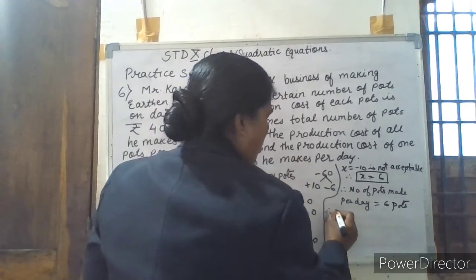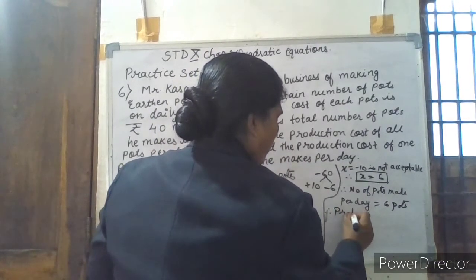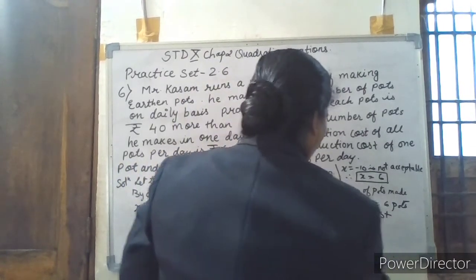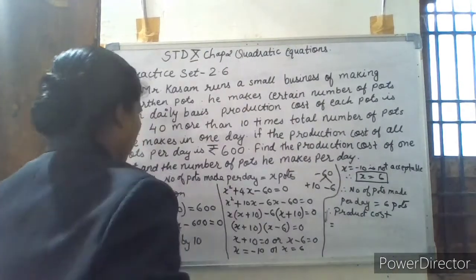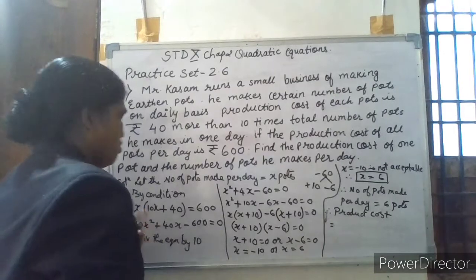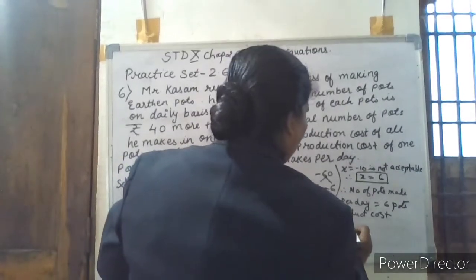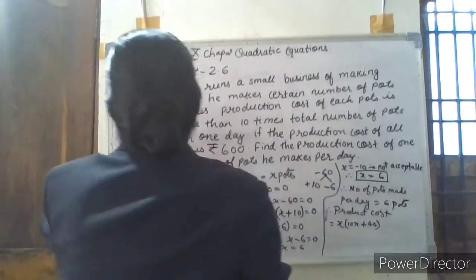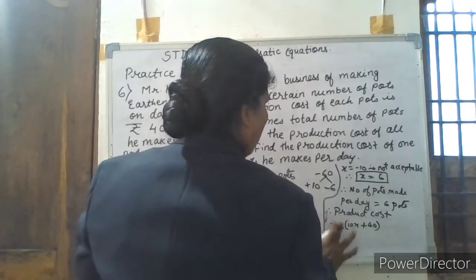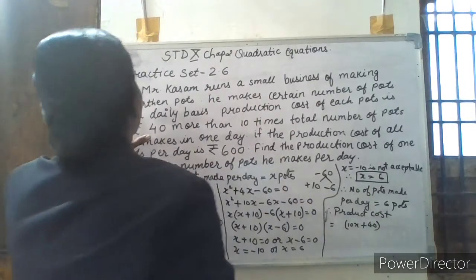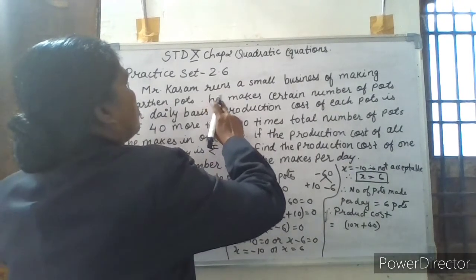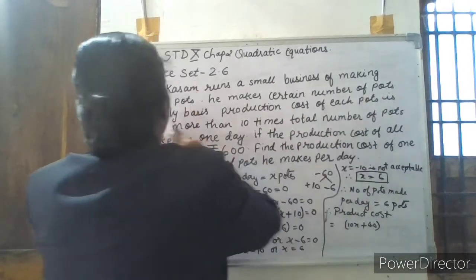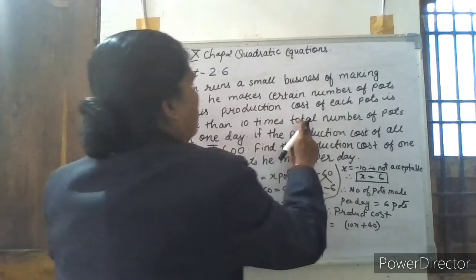Therefore, production cost. Come to this, that is x into 10x plus 40. So production cost of each pot is 40 more than 10 times the total number of pots he makes in one day.